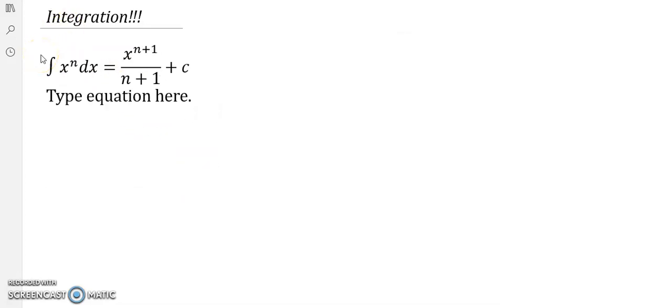Guys, if you still recall, under integration we got this kind of formula where x to the power n is this one, and we add 1 to the exponent n, and the same applies to the denominator.